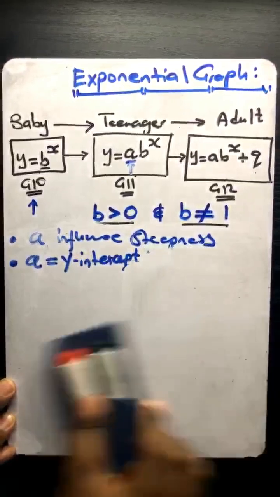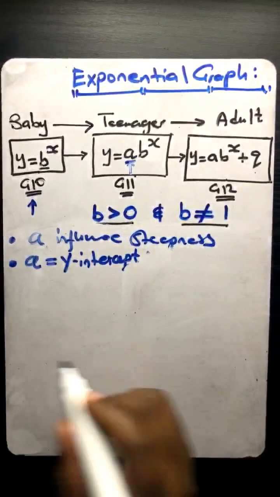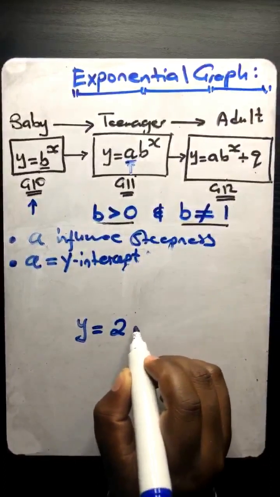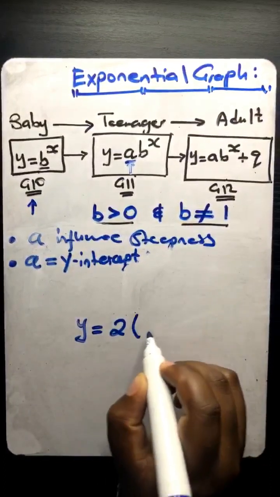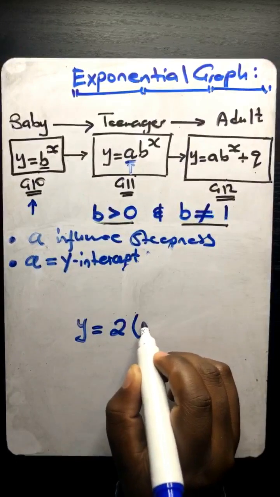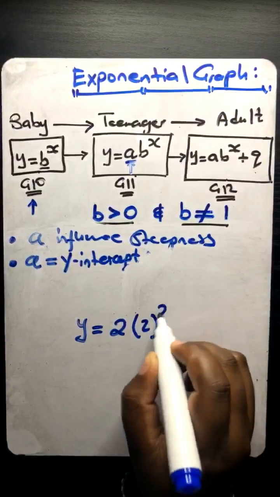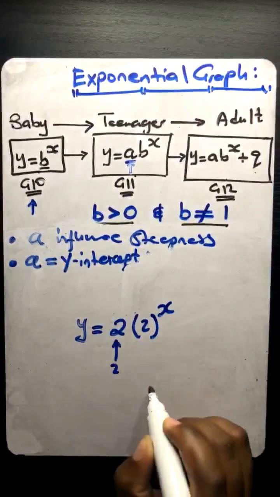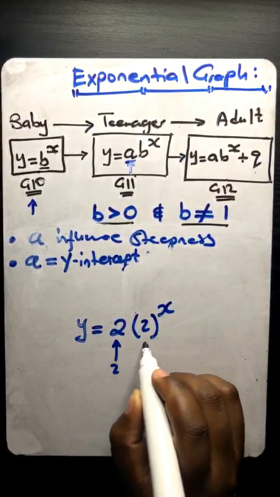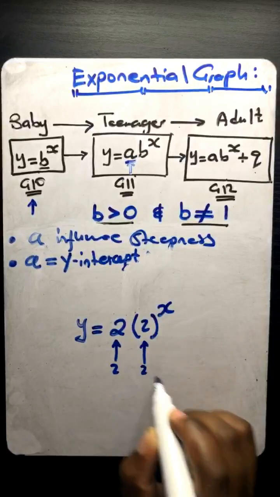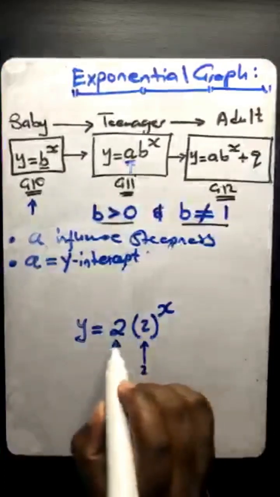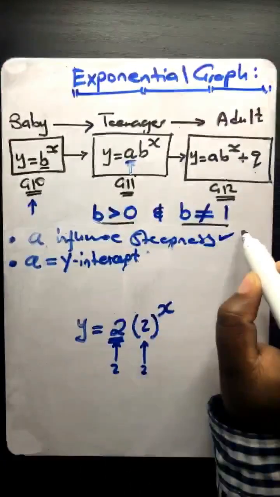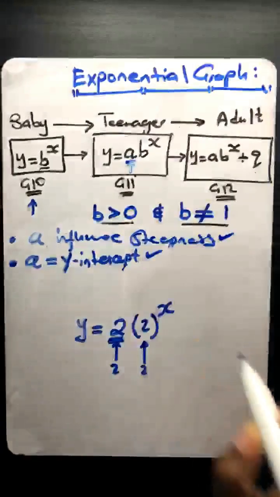It only makes sense when you think about it this way. Let's say you have y equals 2 to the exponent x. Can you see your A value in this case is 2, and your B value there is 2. So two things: the steepness, and again I'm saying it is the y-intercept.